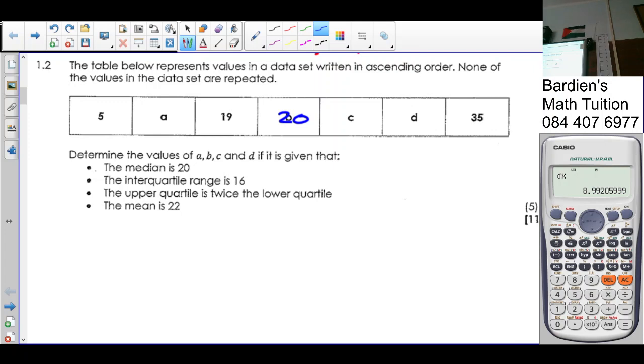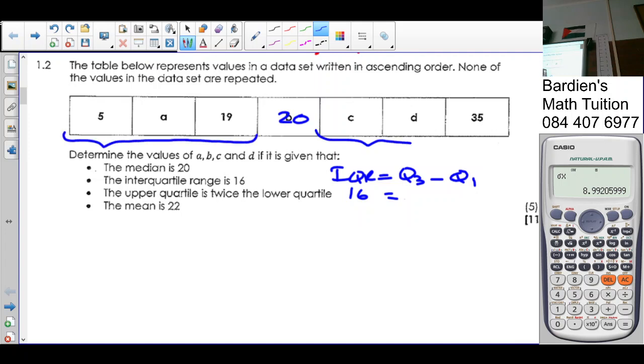The interquartile range is 16. What is interquartile range? It's going to be upper quartile, or quartile 3, minus quartile 1. Do we have a Q3? Remember, this is now part of your bottom set and that is part of your top set. Not so?